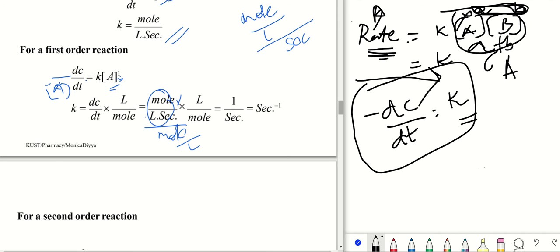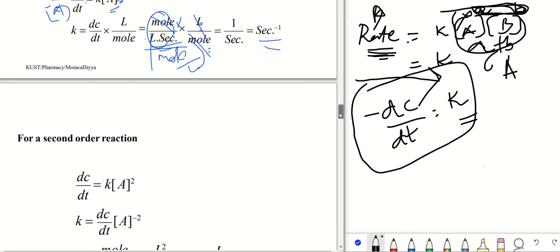So this is the numerator, and this is the denominator. Now the liter gets cancelled, the mole gets cancelled. So the unit for the first order reaction rate constant would be second inverse. So based on the units, it is very easy for us to identify the order of the given reaction.